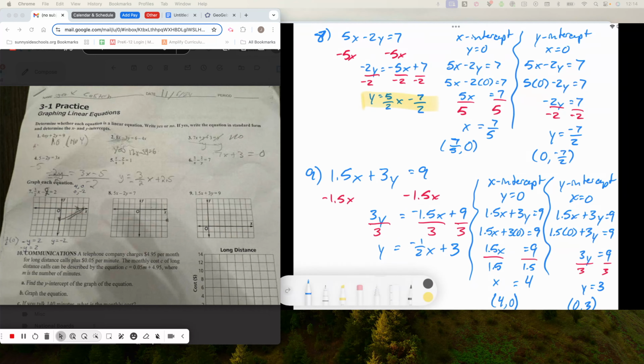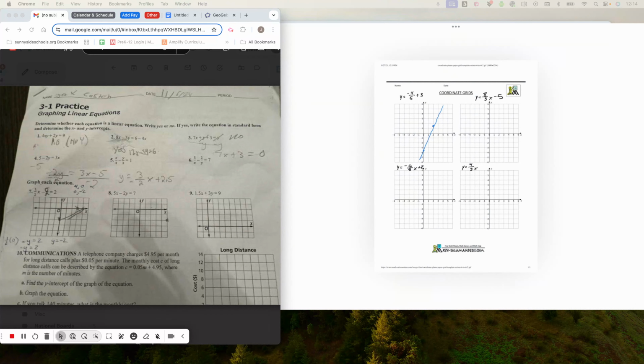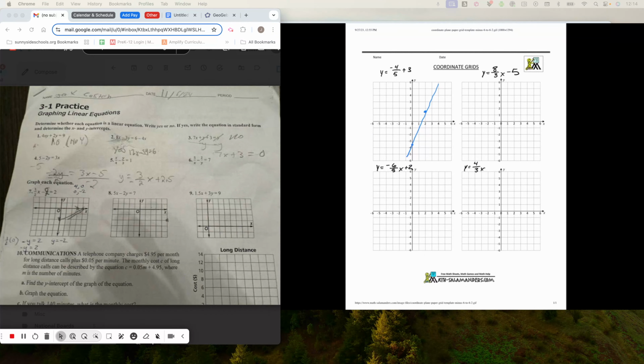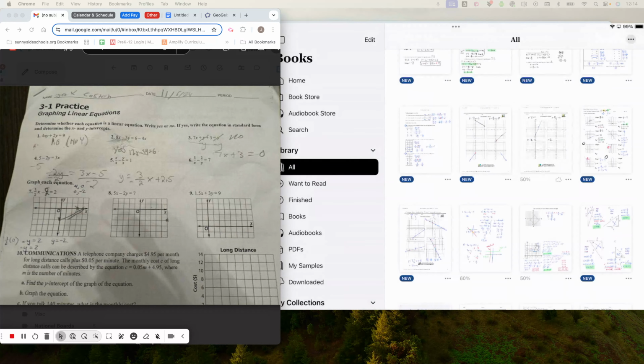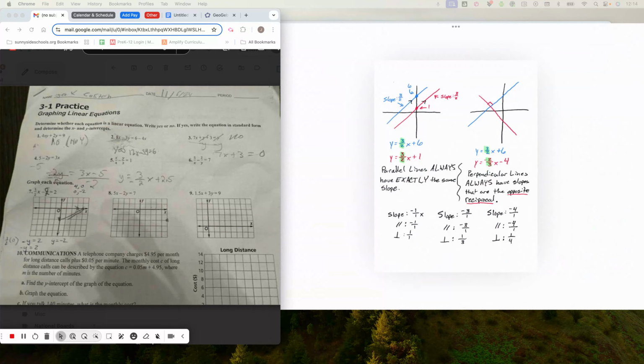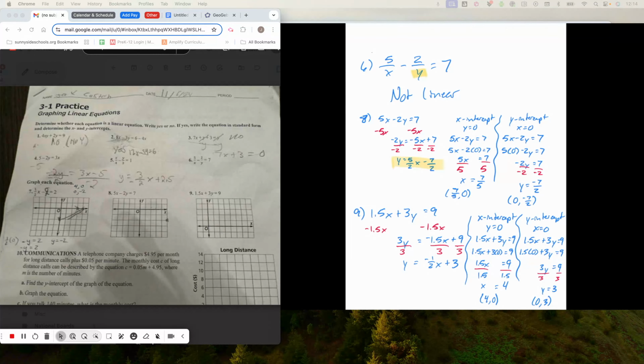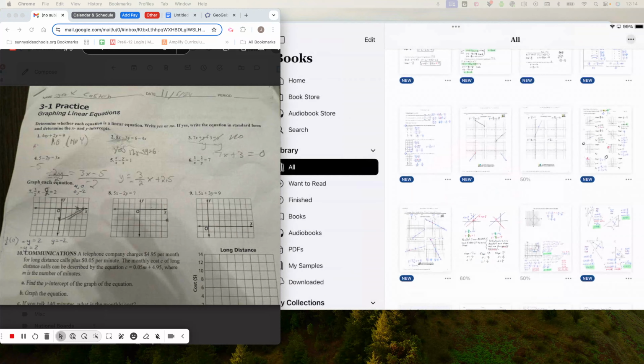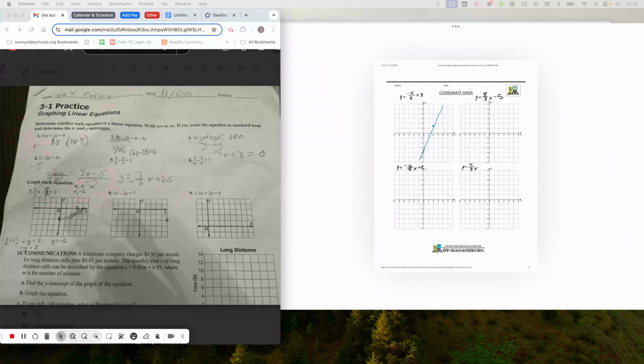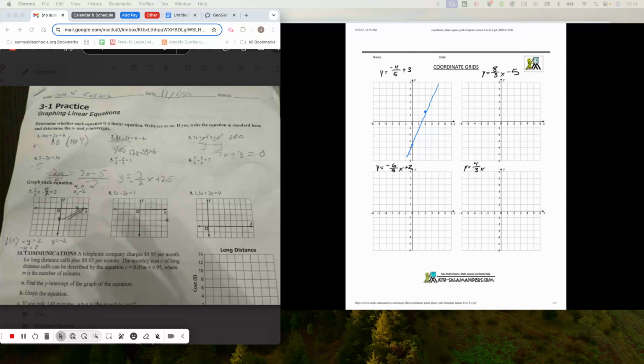And so we bounce over to the graph. I will graph these side by side, one using the slope-intercept form and the other one using intercepts.